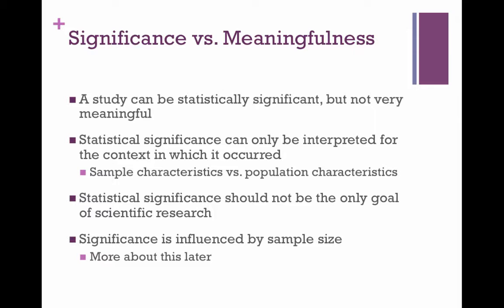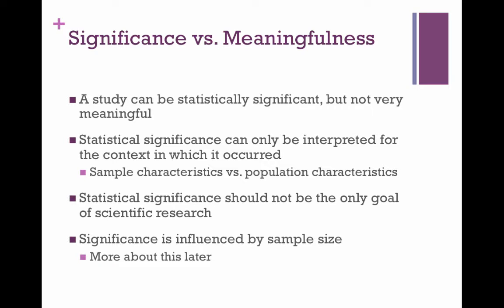But a lot of the time, because of funding, because of geography, because of time, our sample doesn't always really look like the population. And so we have to think about the context in which it occurred, the geography, or sample characteristics, and think about, okay, what are the limitations of my study and my experiment in terms of trying to infer these results to the larger population?